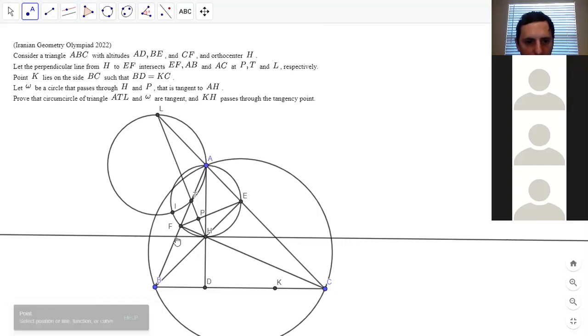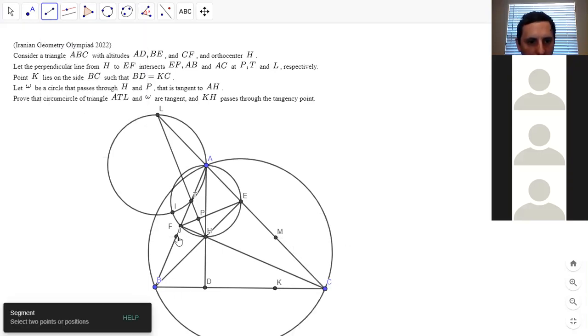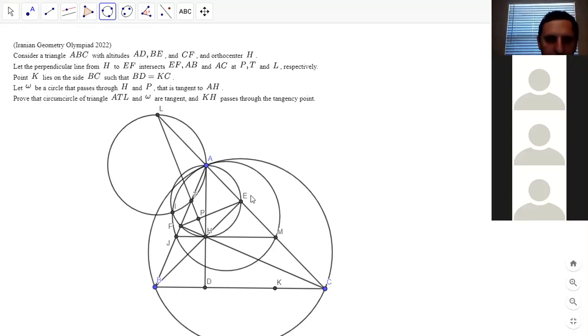All right. Then the circumcircle of AJM passes through that tangency point. Okay. Also just observations, nothing proved yet. And yeah, the circle AJM is tangent to the circumcircle of ABC. Let's see if we can prove that.